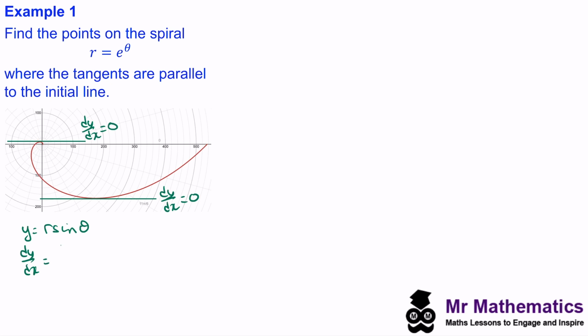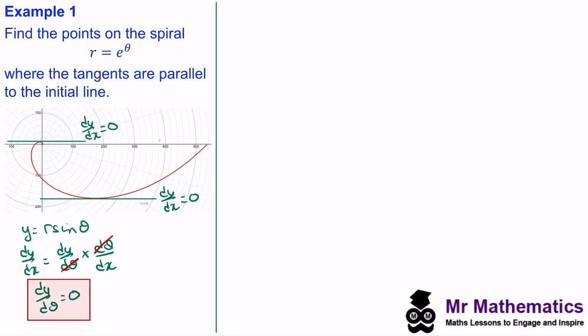So this would be the product of dy by d theta and d theta by dx, because then you can imagine that the d thetas will cancel. And if this is equal to 0, then dy by d theta must equal 0. So to find the point on this curve where the gradient is parallel to the initial line, we need to find dy by d theta. And I'm just going to draw a box around that because that's really important.